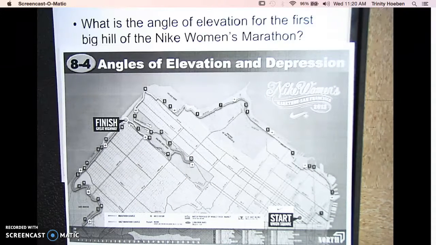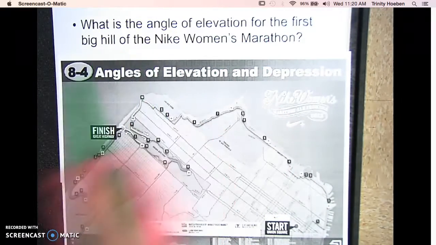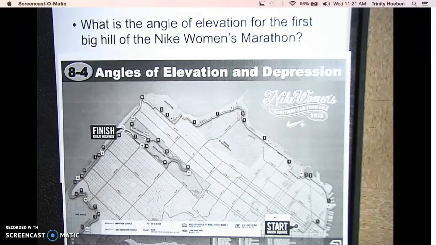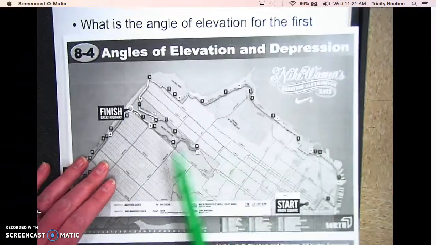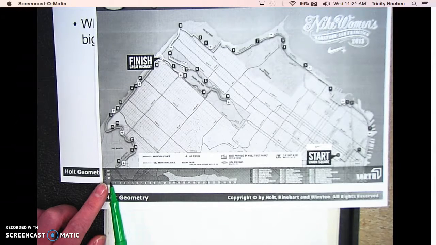We're going to calculate the angle of elevation for the first big hill. All right, so this is just the street map, but if you notice down at the bottom, they have what's called an elevation map.